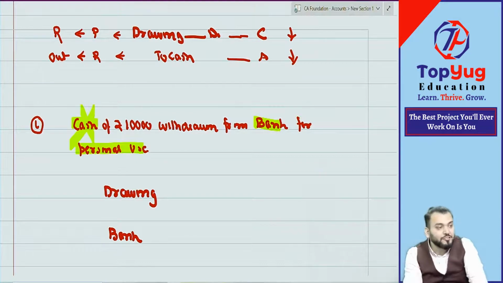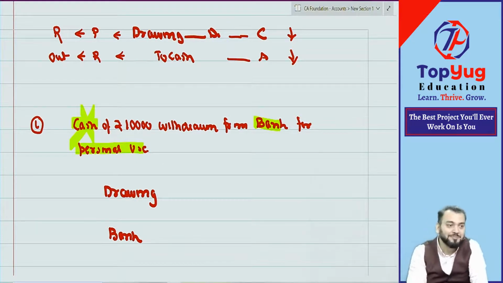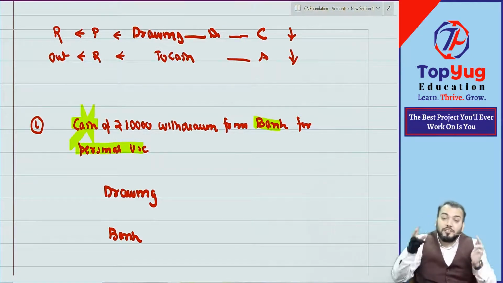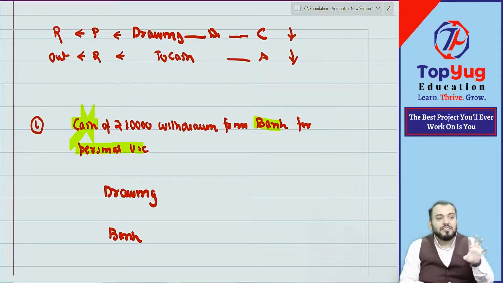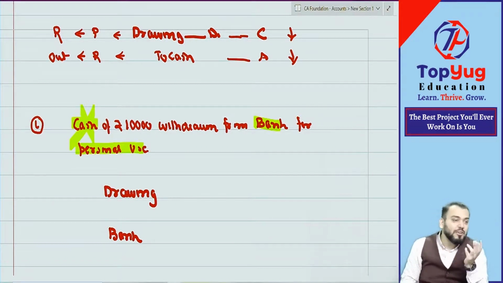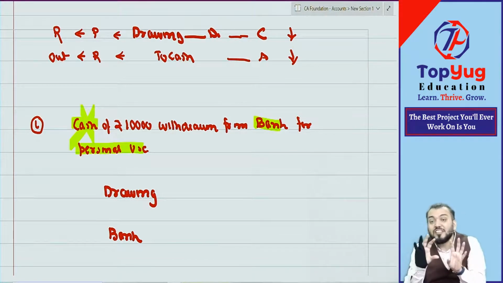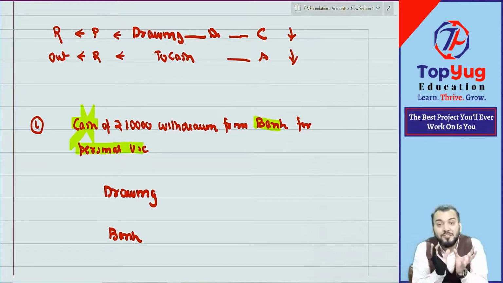This is a favorite transaction of ICI. Cash of rupees 10,000 withdrawn from bank for personal use. दिमाग घूमता है. Once again, we are here to understand two aspects from business point of view which change the financial position of business.